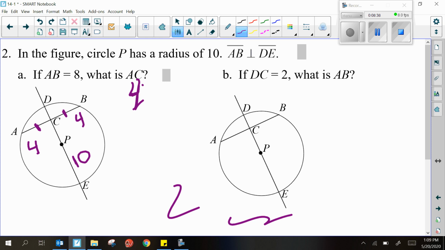Next, we have DE is 2. So this is 2. And they want to know what AB is. Well, remember, I have a radius of 10. That means that from D to P, it's supposed to be 10. Well, if DC is 2, then CP is 8. So if I go ahead and draw a right triangle in here, because these are perpendicular from the given, I'm going to put the 8 on the outside.